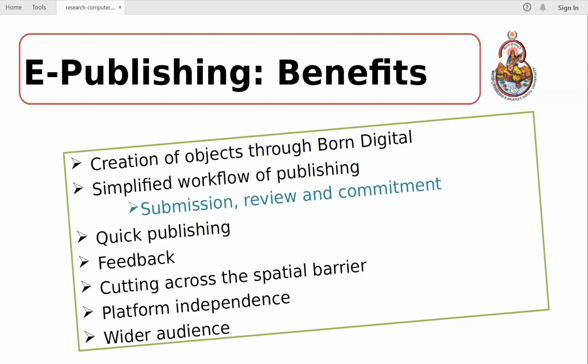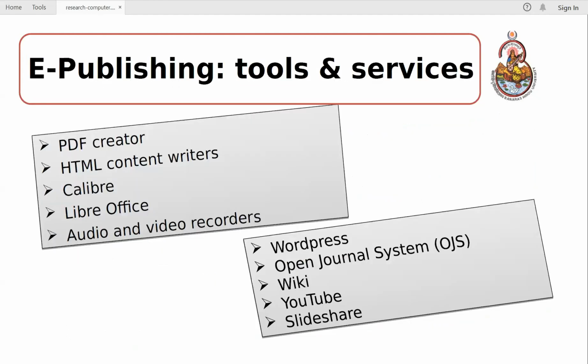In your tablet, in your laptop, in your desktop, in your television, web browser is there. So whatever you publish can be viewed across, irrespective of the hardware, irrespective of the location. So you get a wider audience for you.